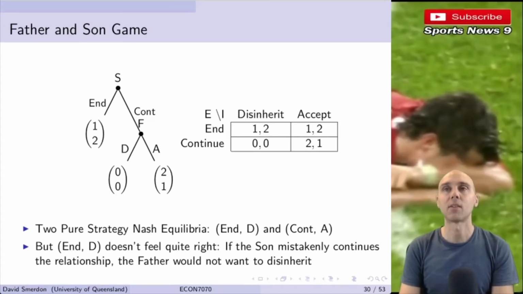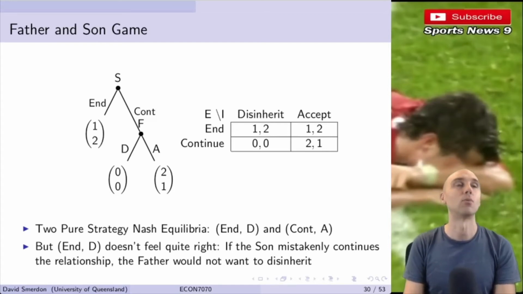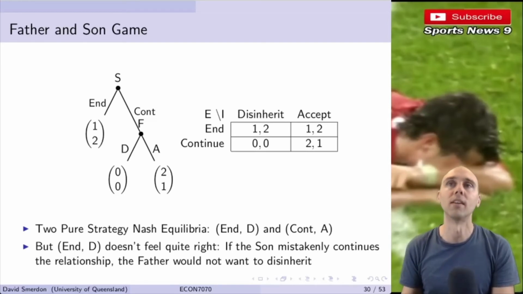Because if the son was to mistakenly perhaps continue the relationship, the father was essentially bluffing. The father doesn't really want to disown the son. He would rather keep his son even with that terrible girlfriend than to lose his son. What that means is that the father's bluff isn't credible.